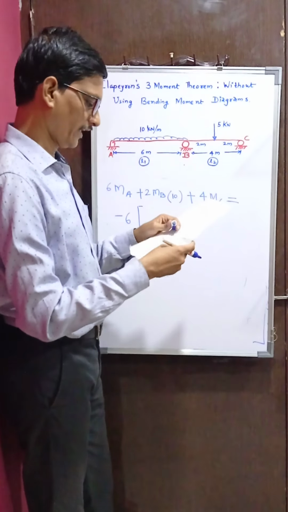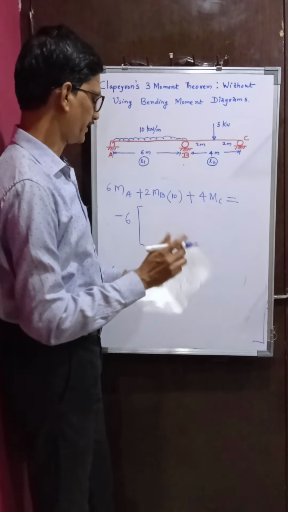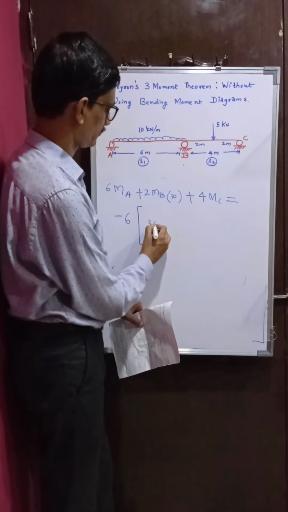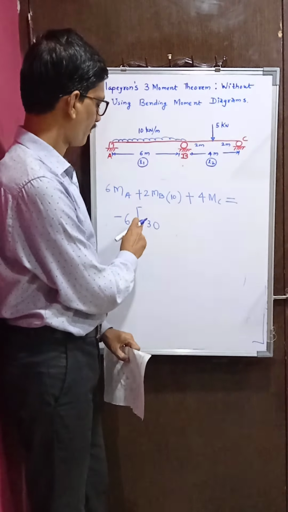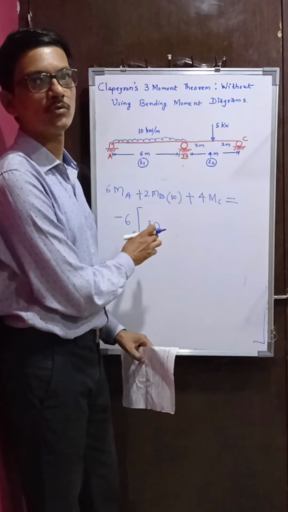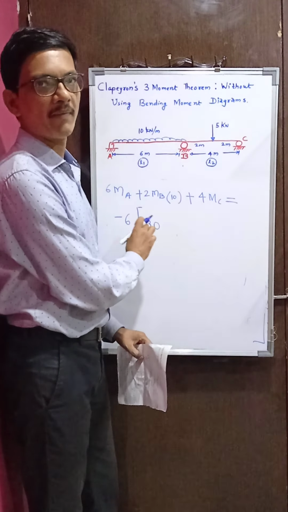So MFAB was 30, but here you don't have to use minus, only have to use magnitude. Don't use the minus sign.